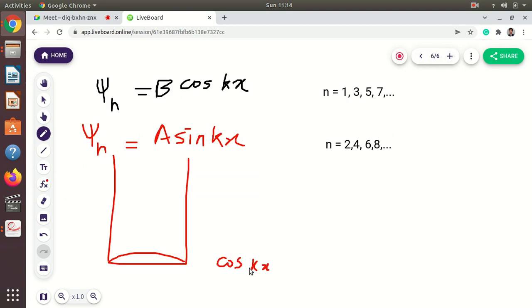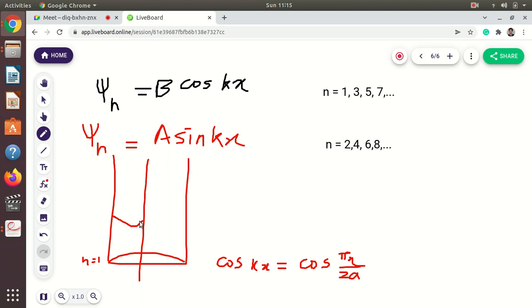For n equal to 1, this is nothing but cos pi x upon 2a. So where is 2a coming from? You can see in this also there is 1 upon a. So that is coming from here, and 2 is coming from this pi by 2 condition for cos. Now again the second wave function is sine, so negative on the negative side.